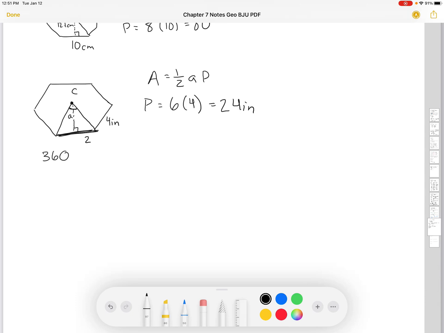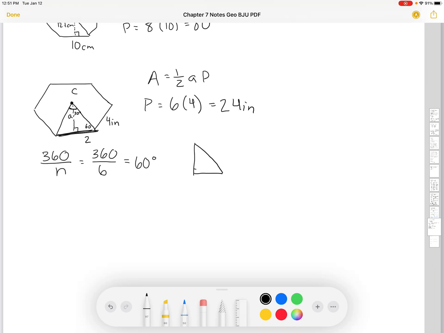Central angle I would solve by doing 360 divided by the number of sides, which in this case is 6, to find each angle is 60 degrees. 60 degrees cut in half gives me that this is 30 degrees. So it looks like I have a 30, 60, 90 triangle. I'm going to draw it out over here.